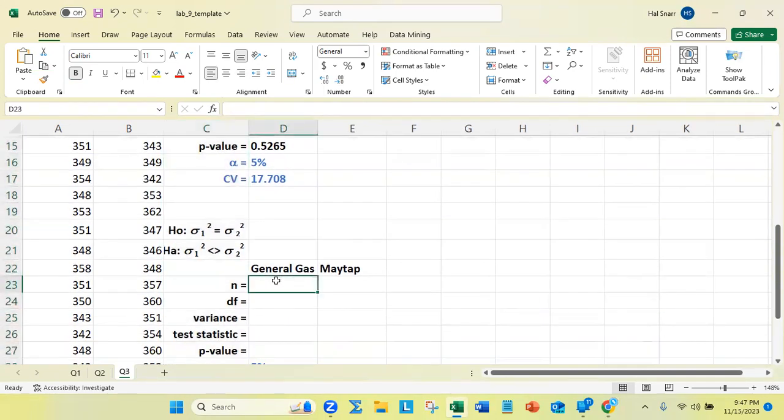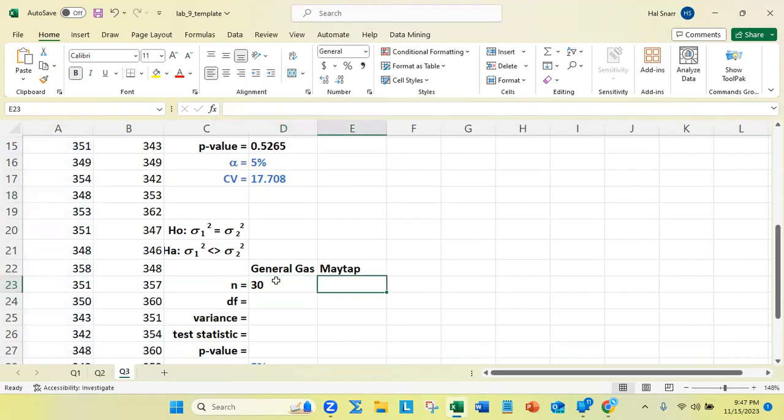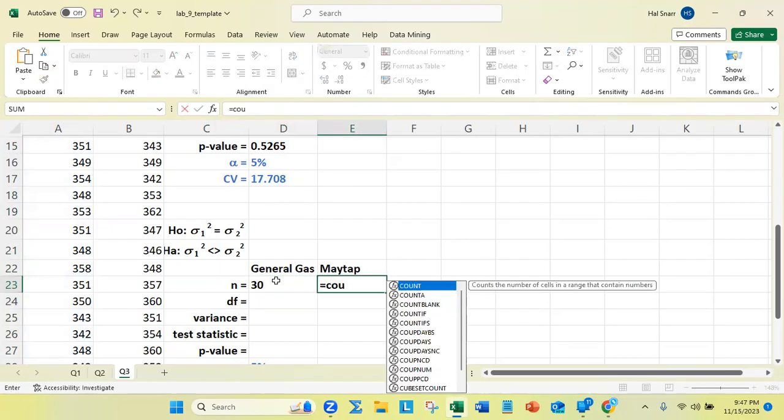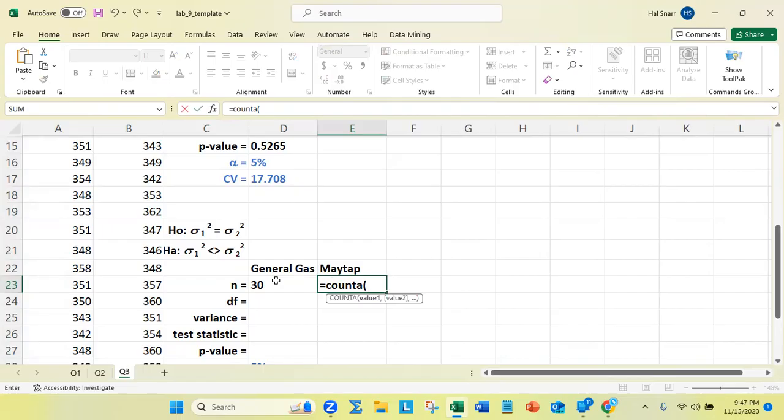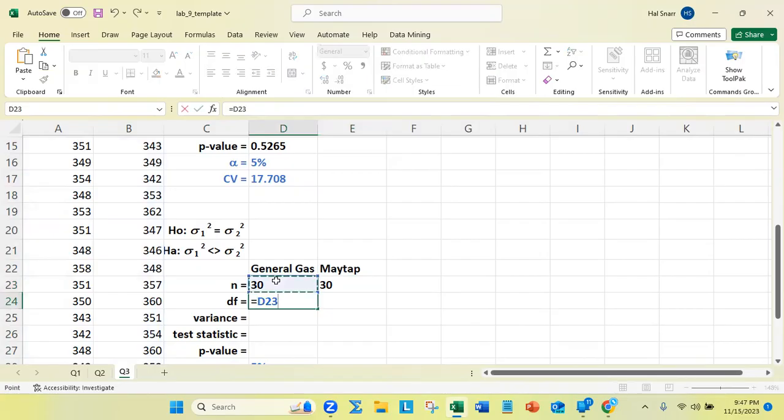And then for General Gas, we have equal count A, GG. For Maytap, we have equal count A, MT, right? Our degrees of freedom are n minus 1, right?